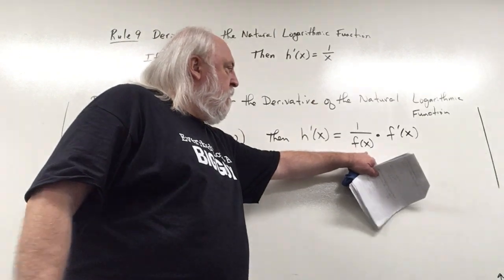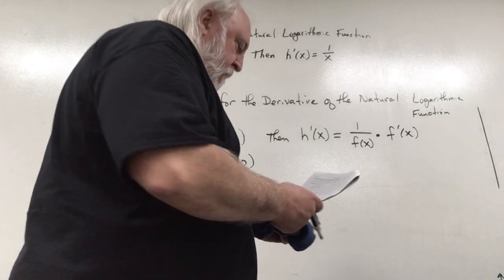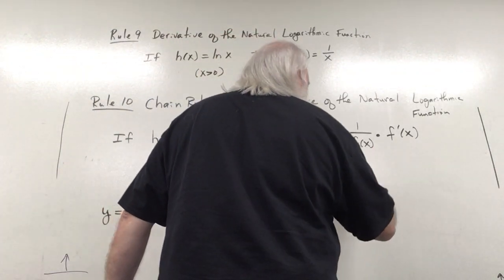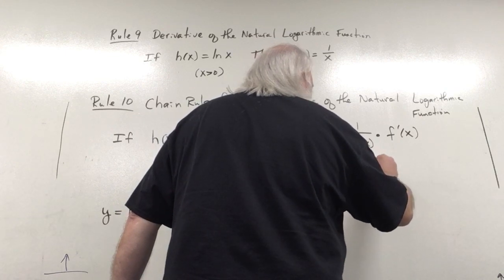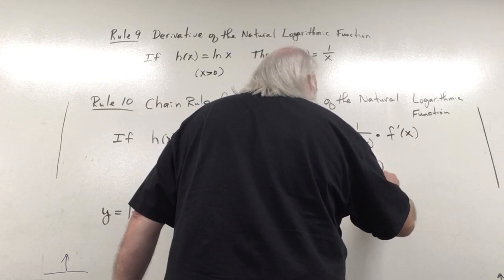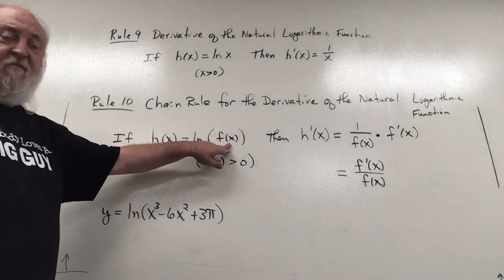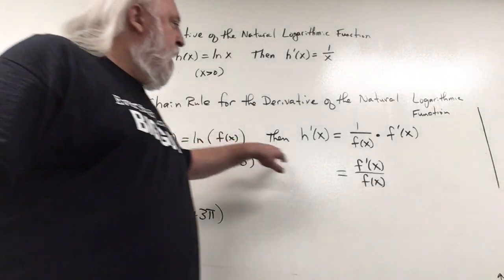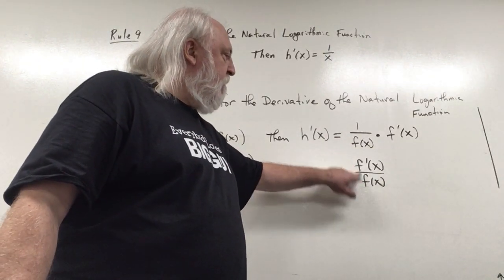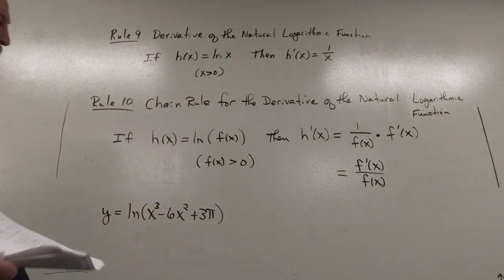And 1 over f of x times f prime of x can be written as the fraction f prime of x over f of x. So when you differentiate the natural log of a function of x, it's equal to the fraction f prime of x over f of x.